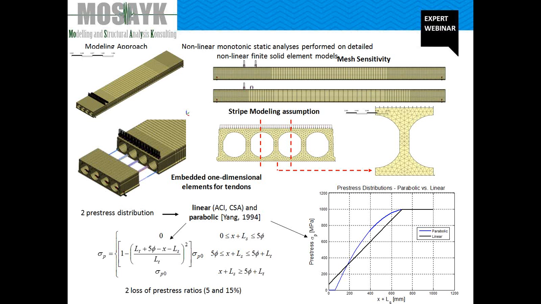The smeared fixed cracking constitutive law assumed for concrete with an exponential softening decay curve and the Thorenfeldt model for uniaxial tensile and compressive behavior has been introduced in Midas FEA.